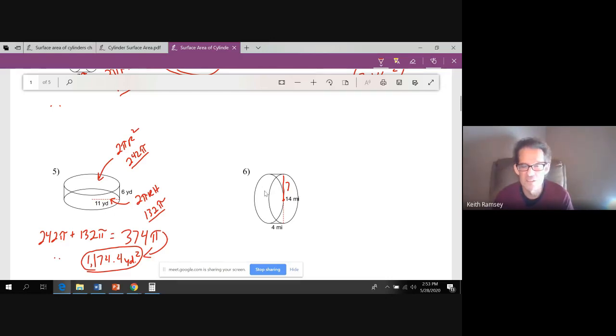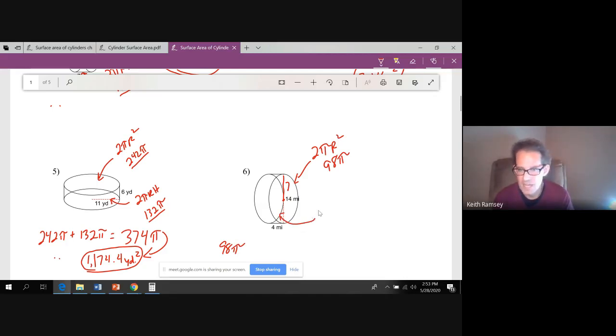Let's take a look at number 6. So step 1, bases, 2 pi r squared. So if my radius is 7, I know 7 times 7 is 49, times 2 is going to be 98 pi. So I'm going to add 98 pi with whatever my lateral surface is.